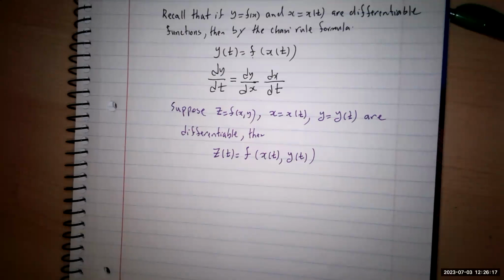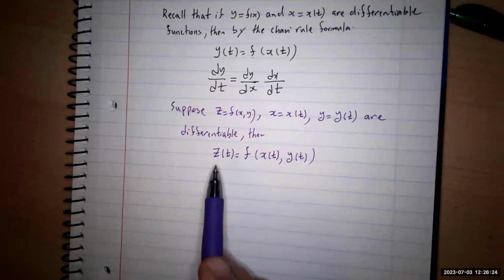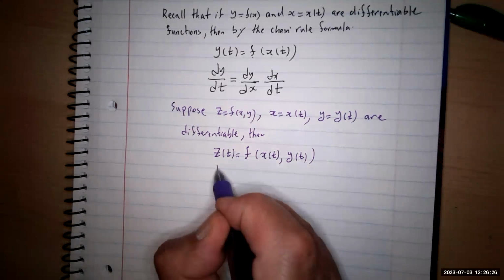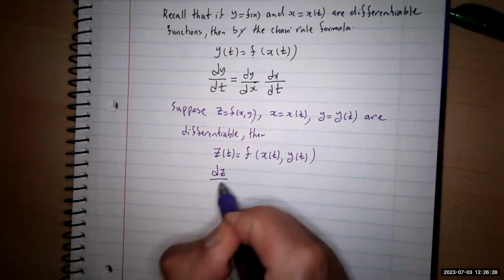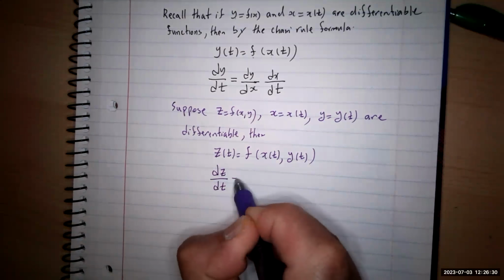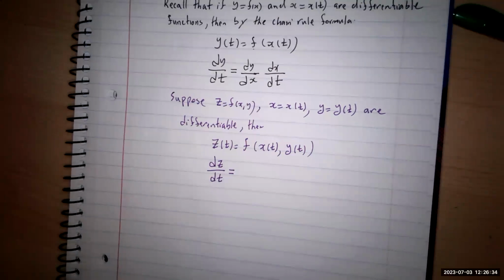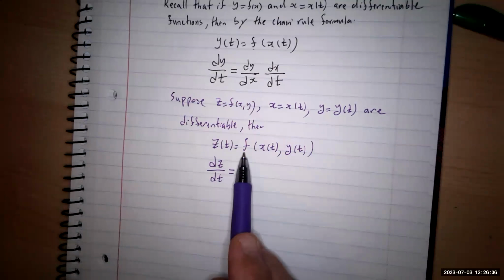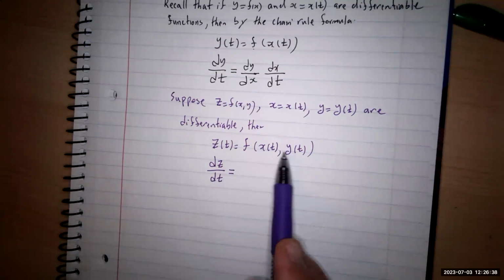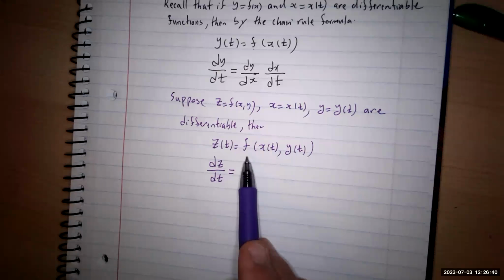So if you want to copy the formula, you can talk about the differential of this function now. Remember, the differential of z with respect to t would be equal to, remember in the case of f, which is a function of two variables, we just use the partial derivatives.